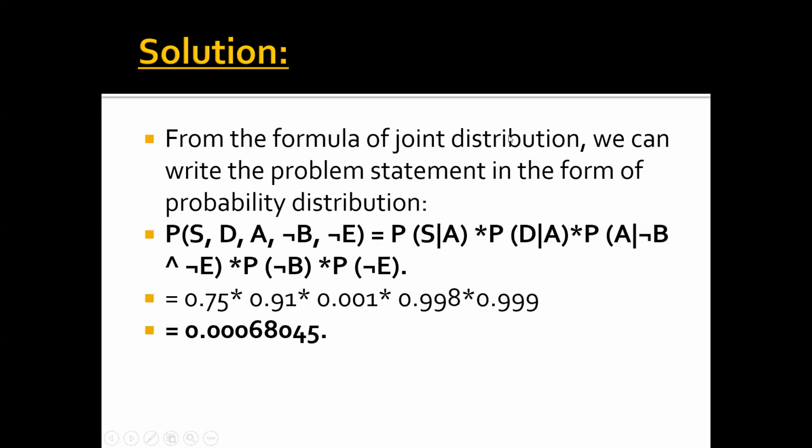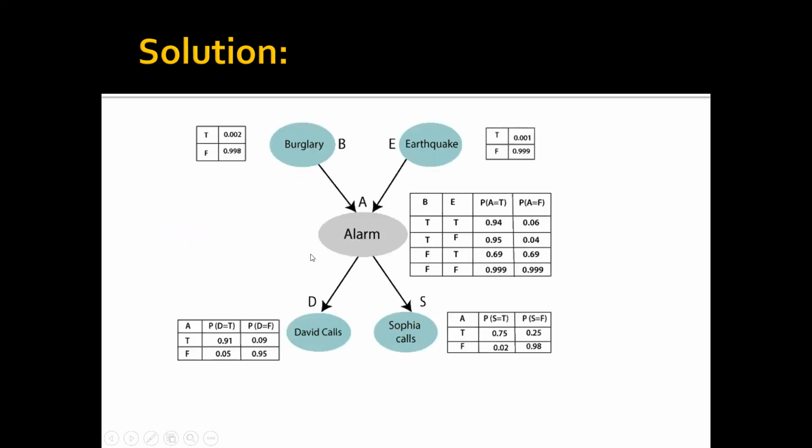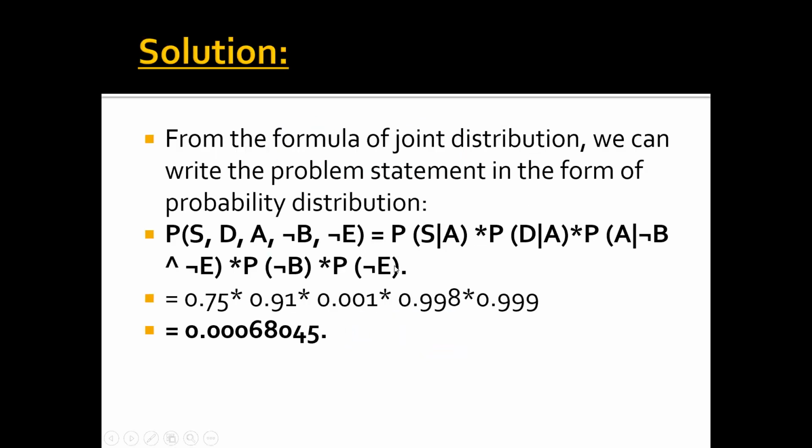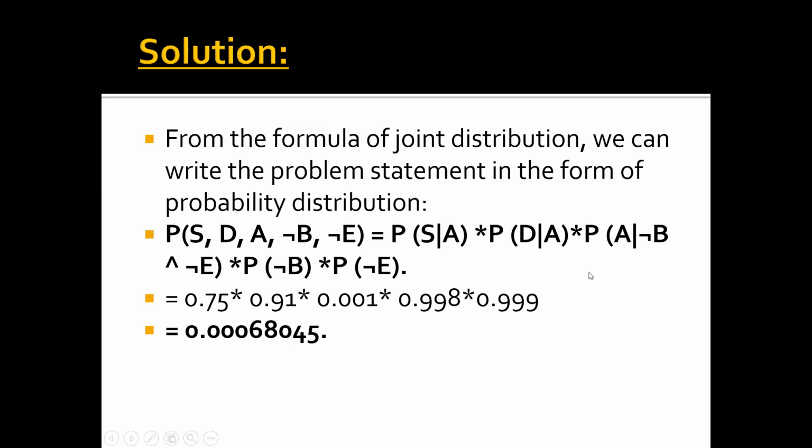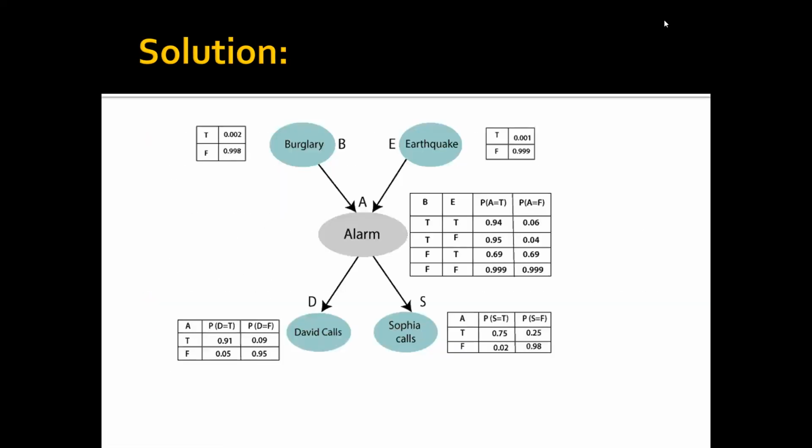Okay. Next, we have the probability for this one, that is P negation of B. That will be 0.998. Then we have P negation of E, that is 0.999. You can see from the table, that is 0.999. That is P negation of E, which is written over here. So I hope this is clear.